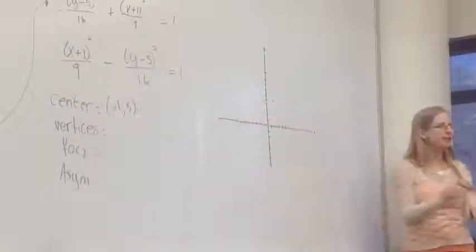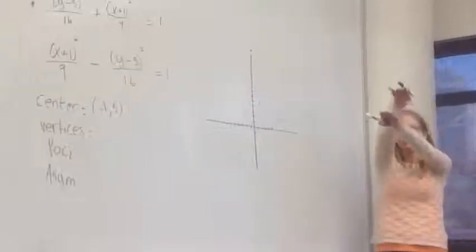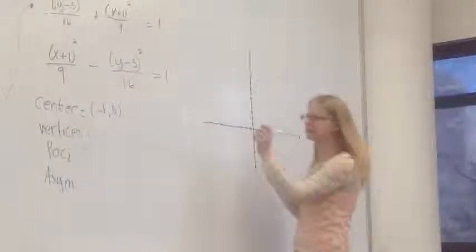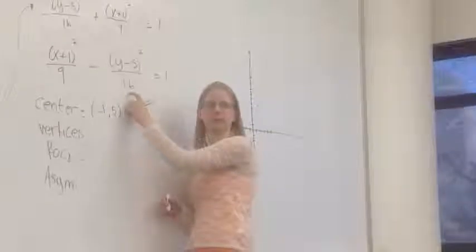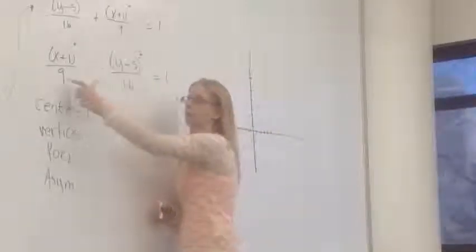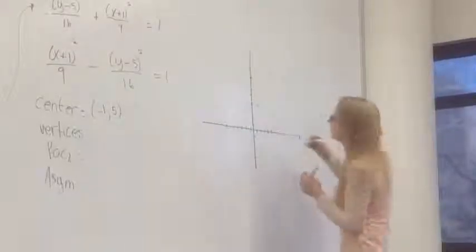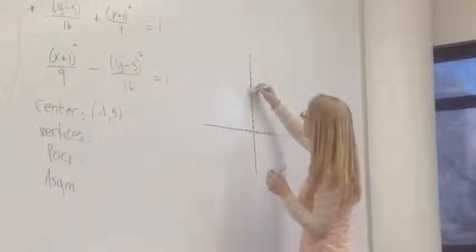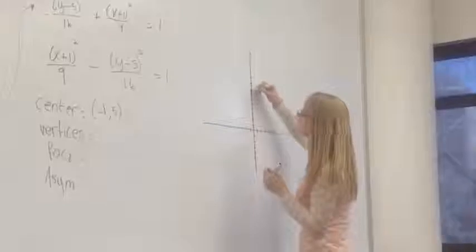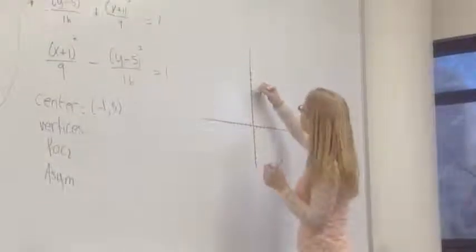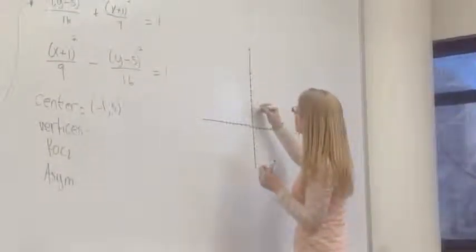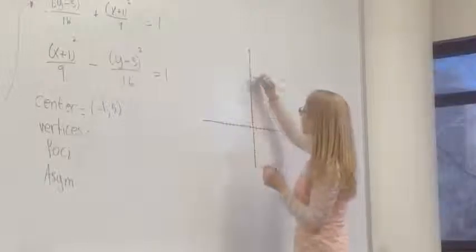How many units in the y direction do I need to go? 4. Why is it 4? Because the square root of 16 is 4. Why is it 3 in the x direction? Because the square root of 9 is 3. Okay, so. And then what do I do?